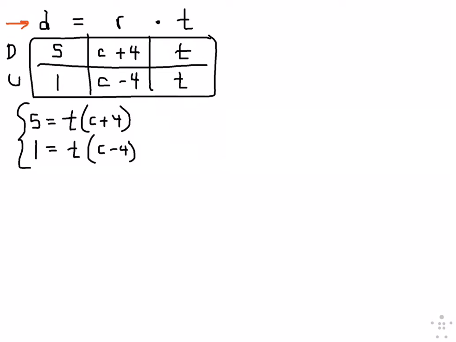Okay, a couple ways we could solve this, but let's just distribute in. So we have 5 equals TC plus 4T, and 1 equals TC minus 4T, right?